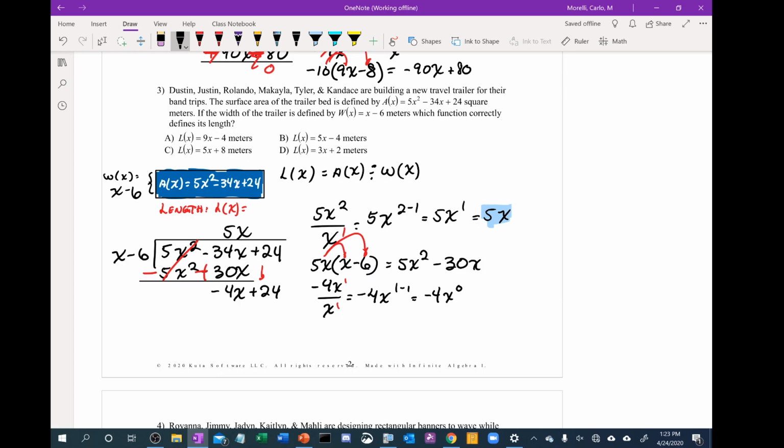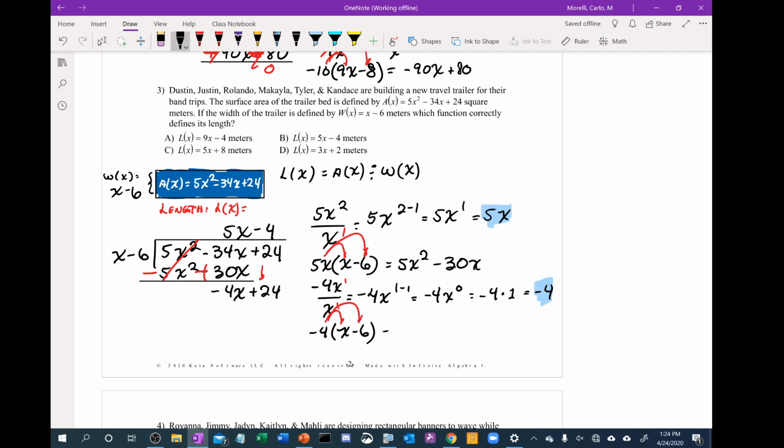Zero exponent rule says any variable or base raised to the power of 0 is 1. So negative 4 times x to the 0 power is equal to negative 4 times 1, which is just equal to negative 4. Negative 4 is a quotient term, so we write it above its matching term of the dividend, and we multiply it by the entire divisor. So in side work we have negative 4, open parentheses, x minus 6, close parentheses.